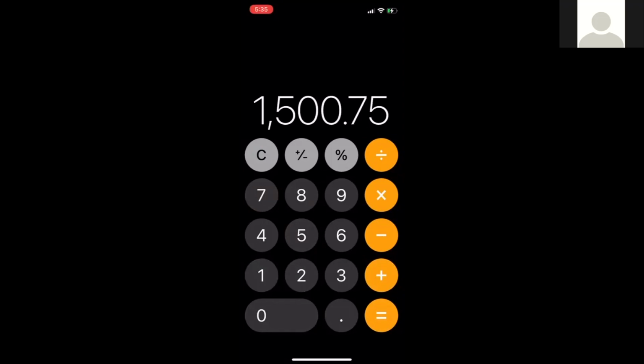So that gives us $1,500.75 for our PITH. So those are the total housing expenses. So in this case, the next step here is to divide this number by 7,000, which is our monthly income, and we get 0.214. So this is our GDS ratio.